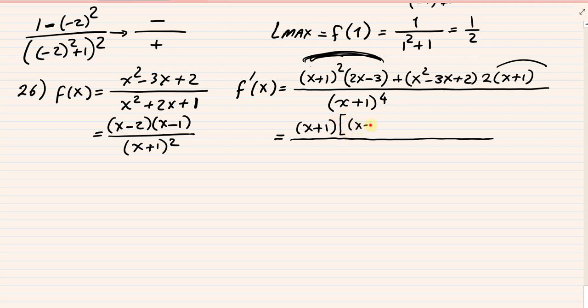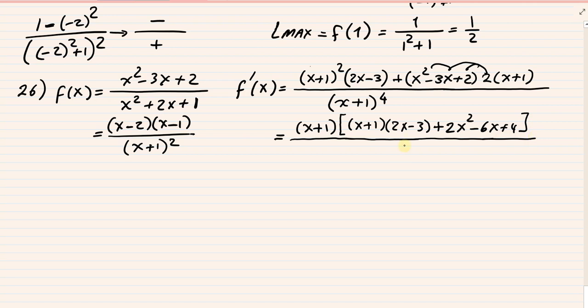So I still have x plus 1 times 2x minus 3, plus, removing the GCF from the second expression, removing x plus 1, I just have 2 now, on the outside, and I'm going to distribute to the inside. So that makes it 2x squared minus 6x plus 4, divided by x plus 1 to the 4th.